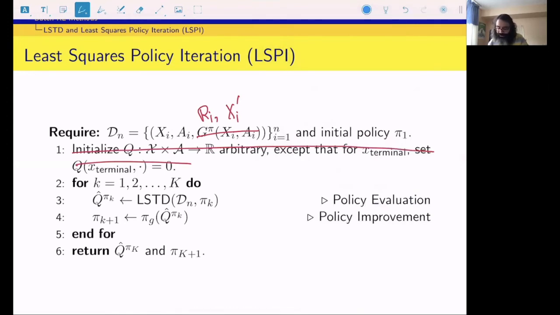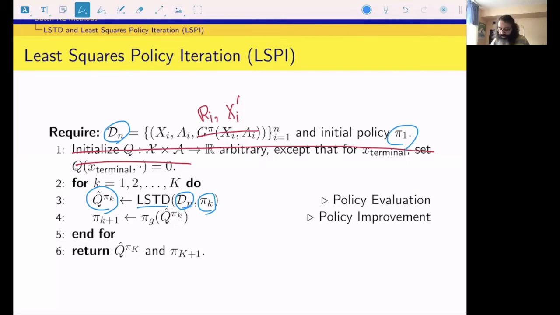So we have a data set of state, action, reward, next state, and we start from some initial policy. Then for capital K iterations, we compute LSTD using the given data and policy pi k in order to approximately evaluate policy pi k. That would be Q hat of pi k.